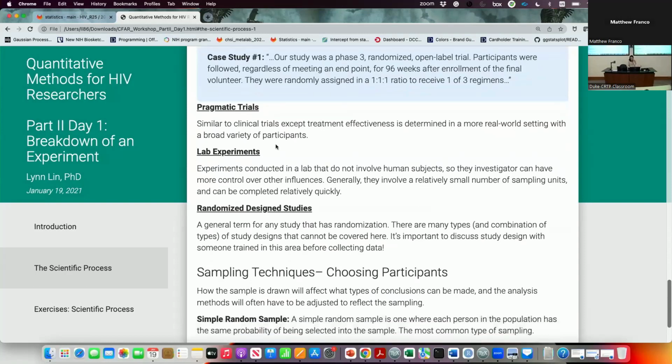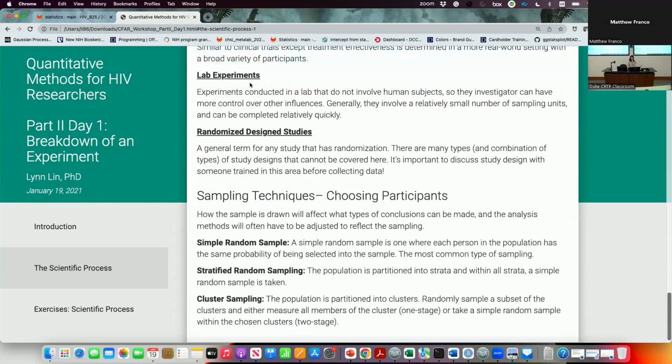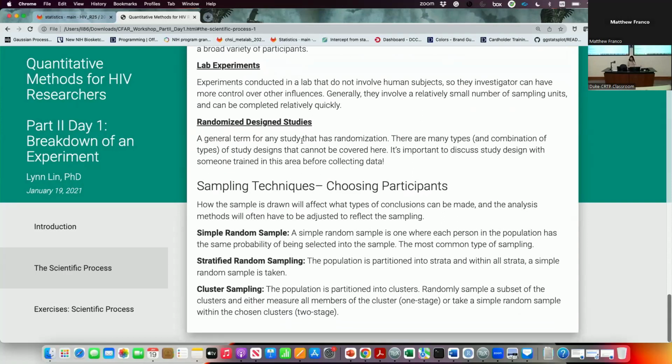And obviously, many of you are familiar with lab experiments, right? It's more controllable because you yourself can control the experiment. But obviously, the drawback is that you can only have a small sample size to study. And then there are randomized design studies, basically any studies that have a randomization scheme.